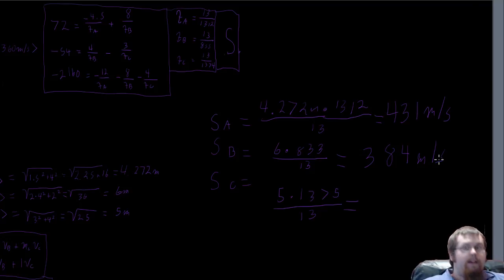And then this is going to be 5 times 1,375. Divide that by 13. And we're left with 528.8, 529 meters per second.